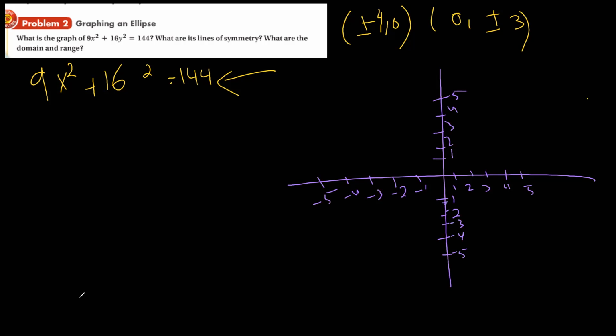Now for 4, 0, where's the point 4, 0? It is here. Negative 4, 0 is here. Now 3, 0 will be here, and negative 3, 0 will be here.